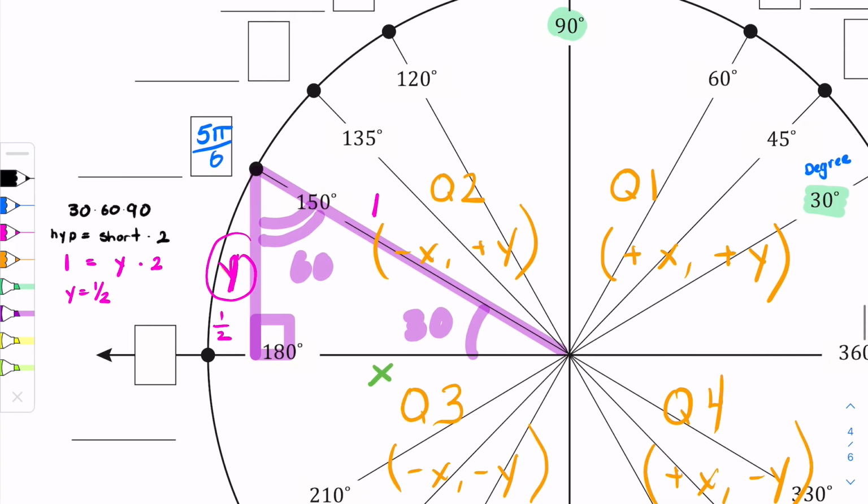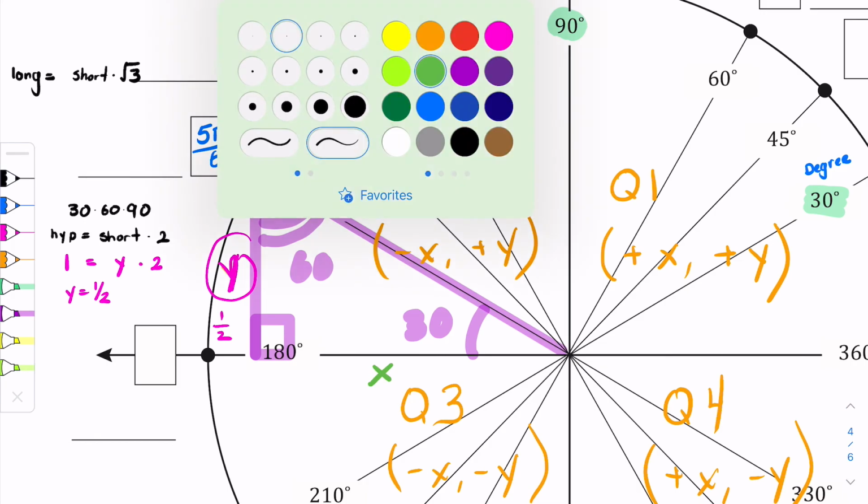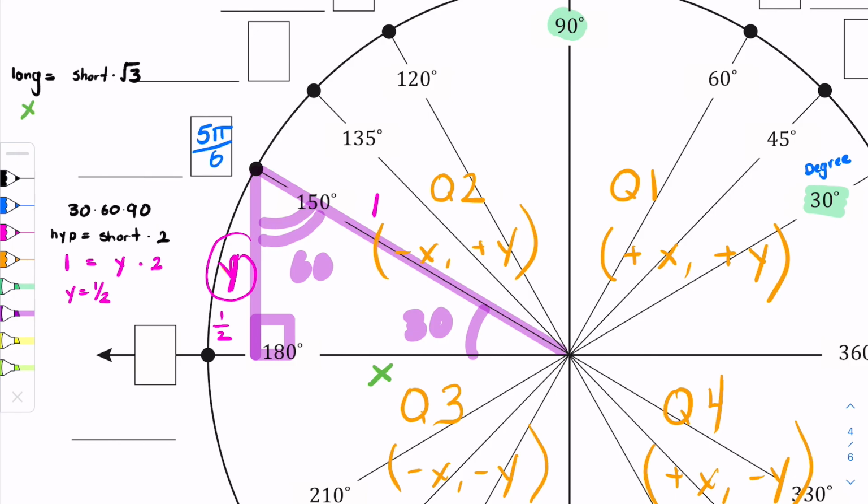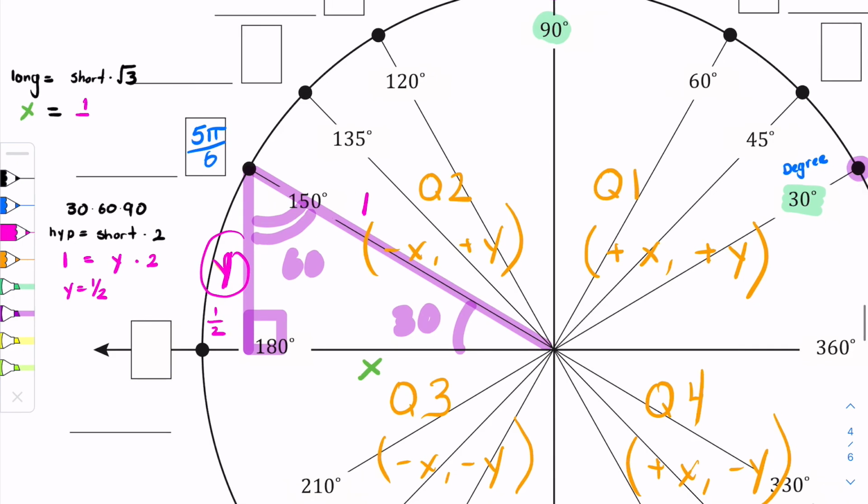And recall that the long leg formula is equivalent to the short leg, which we just found, times the square root of 3. So x is equal to 1/2 times the square root of 3. X is equal to the square root of 3 over 2.